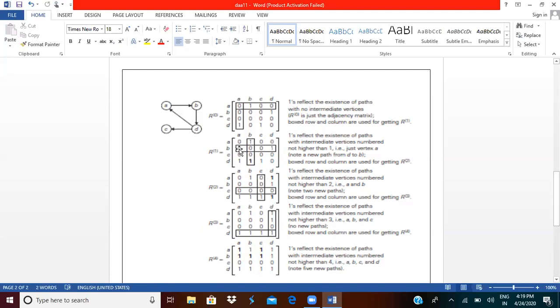So here, if you take A to D, now for deriving this matrix, I should take intermediary vertices not greater than 2. Maximum should be 2. And which are those vertices that I can take? In the previous step, I have taken A. Now I should take A, B. I cannot take C. Am I clear with this?